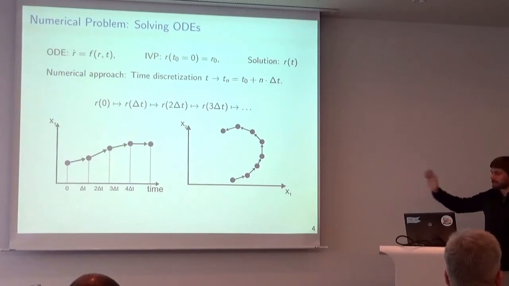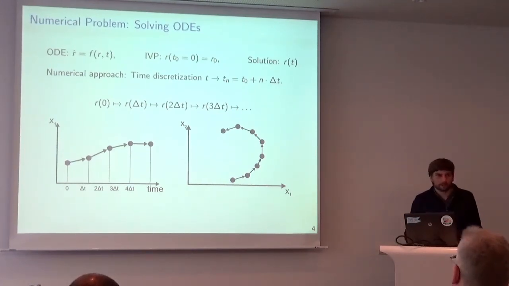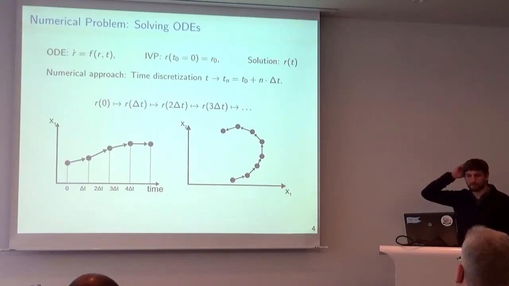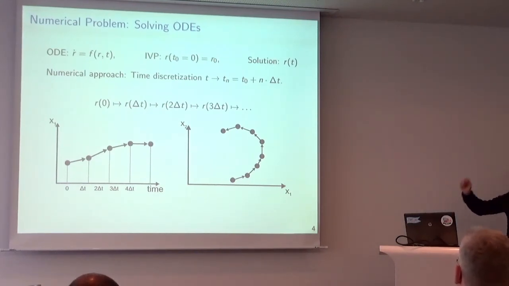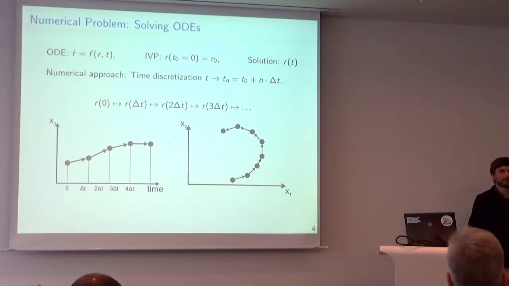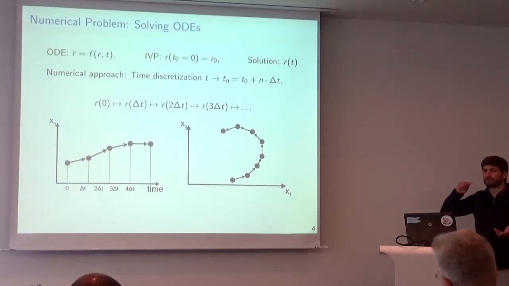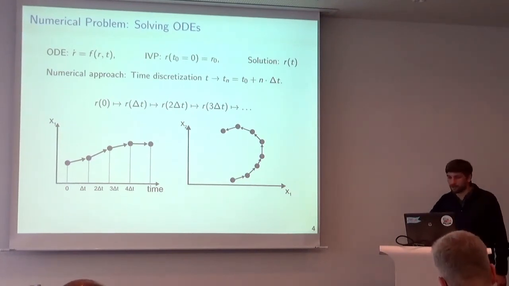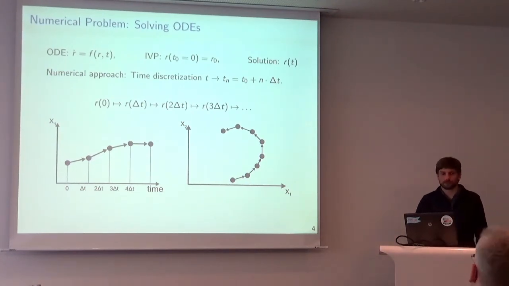Anyway, this is the numerical thing we have to do, and you can see that this can get very time consuming if you have a huge system of ODEs and you want to iterate the solution forward. You have to go to time step 1, time step 2, and sometimes you have to do like 1 trillion time steps until you reach the end of the universe, if you do astrophysics simulations, for example. So there's a lot of numerical effort put into these kinds of simulations.